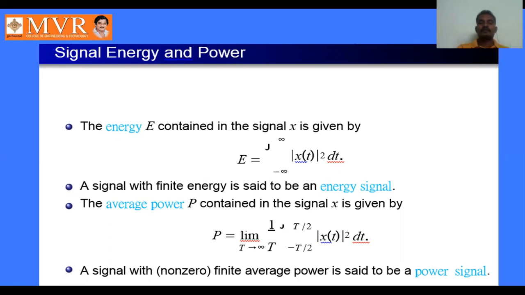A signal with non-zero finite average power is said to be a power signal, whereas an energy signal is defined as a signal with finite energy. So this is the basic difference between energy signal and power signal.